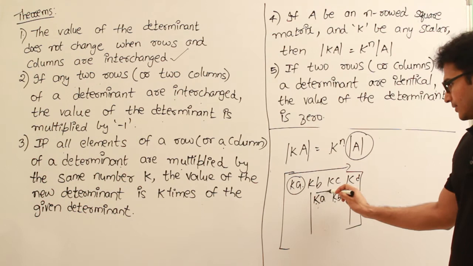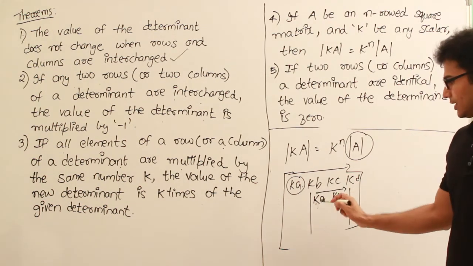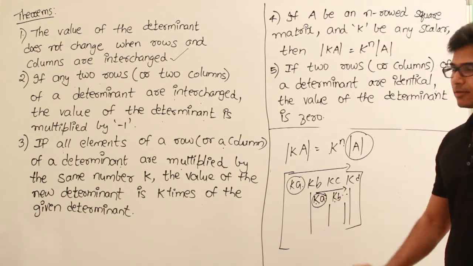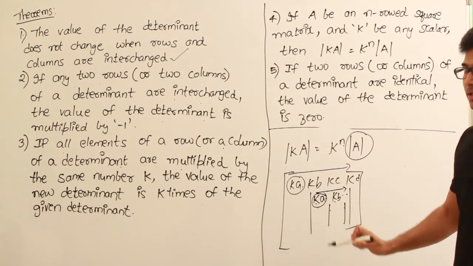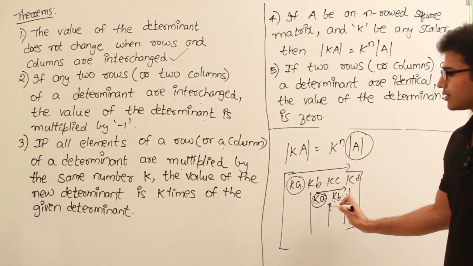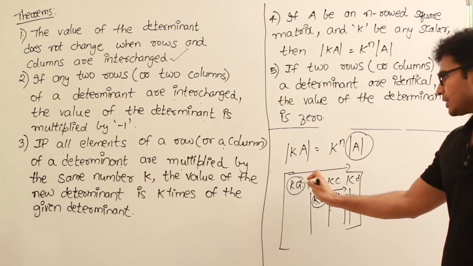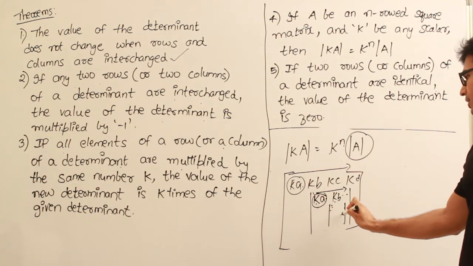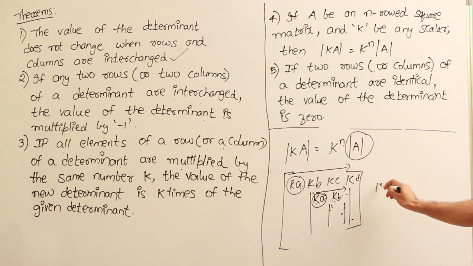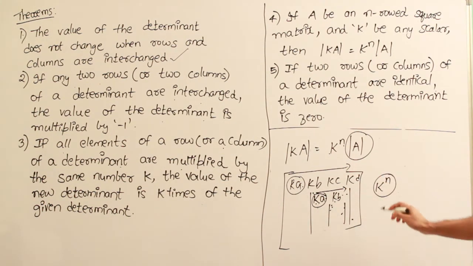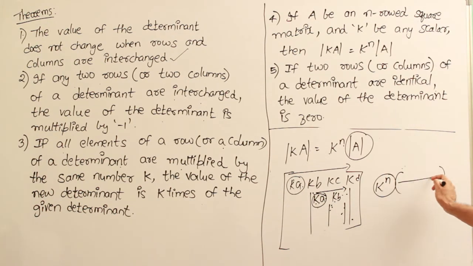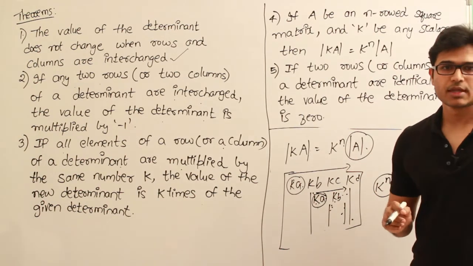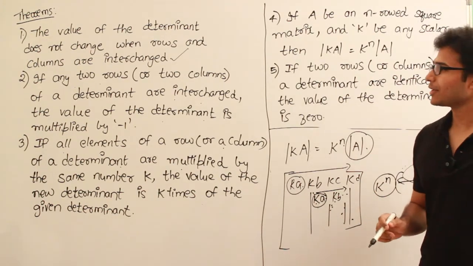If you are expanding across this row, we take this element and again find the cofactor of this element, which is the n minus 1 order matrix. Likewise, you'll keep on multiplying all these k's, k here, k here, k here, right? Therefore, k power n we get, and we can pull it out as common, and the rest remaining is nothing but the determinant of the earlier matrix. Even if you didn't understand it, learn it by heart.